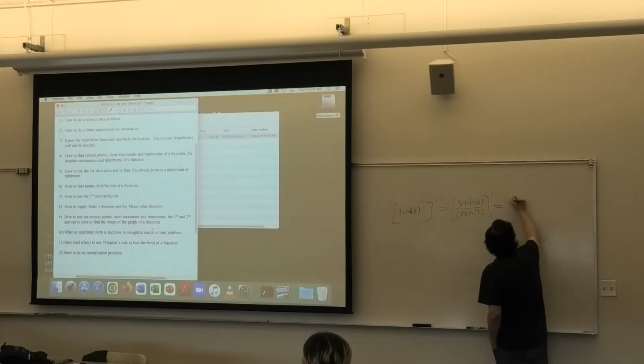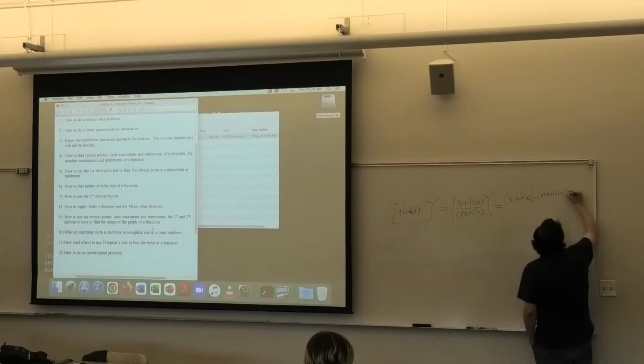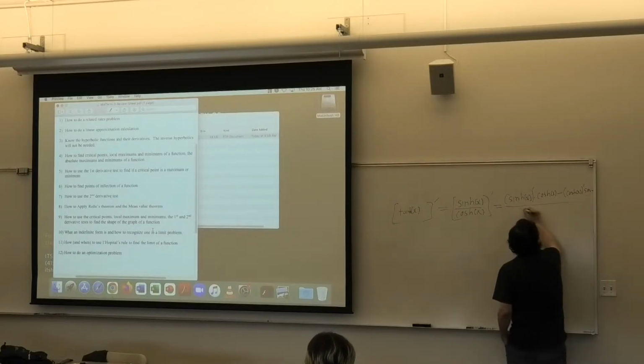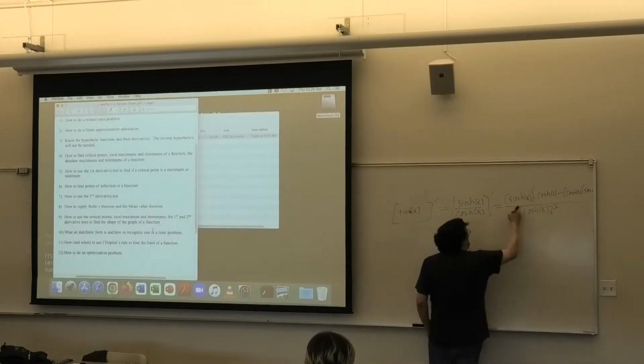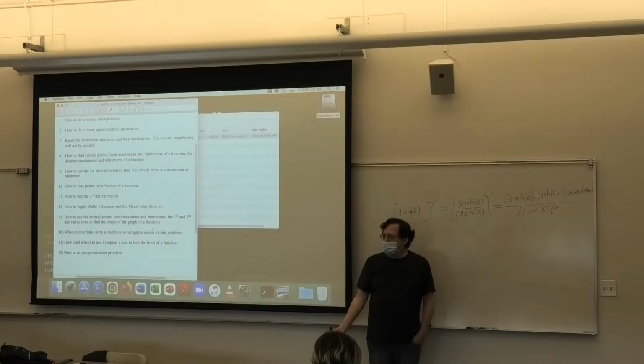So derivative of sinh of x times cosh of x minus derivative of the hyperbolic cosine times sinh x, all over cosh of x squared.